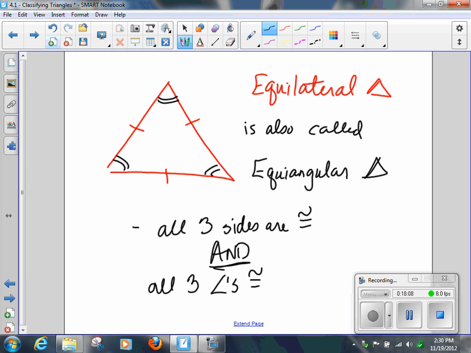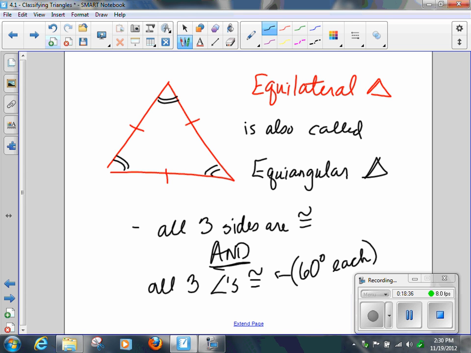What are the angles equal to in an equiangular triangle? They are going to be the same, but what will they be? What will their degree measure be? How do you know? They're 60 degrees each. Write that down. Because 60 times 3 is 180.